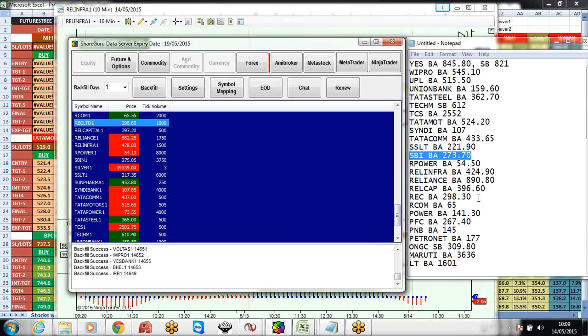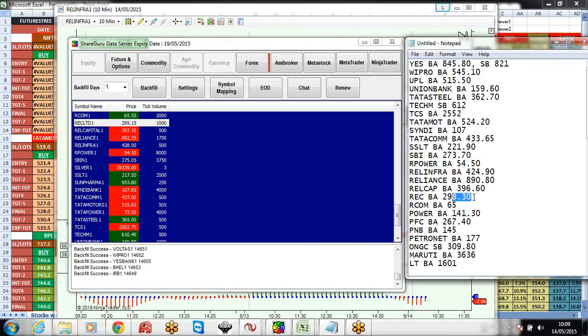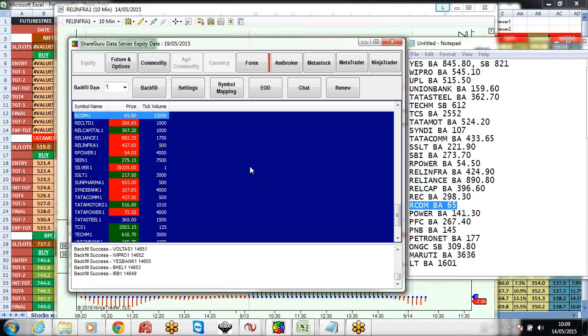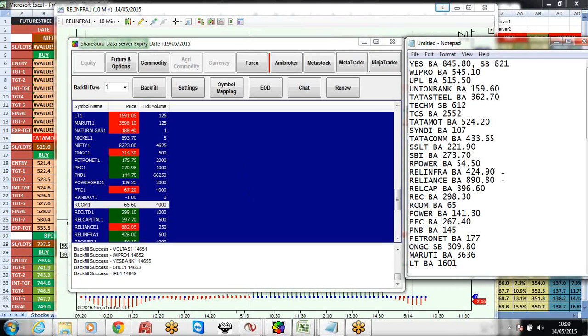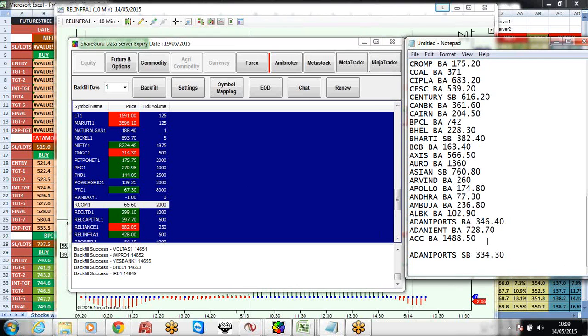So 298.30 is the entry. Sorry, REC. Orcom, 65 is the entry, and now it is at 65.60. So the market is picking up an uptrend. So you'll be able to see most of the calls making their profits here in what we have posted in the morning.